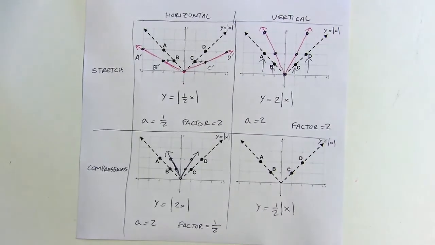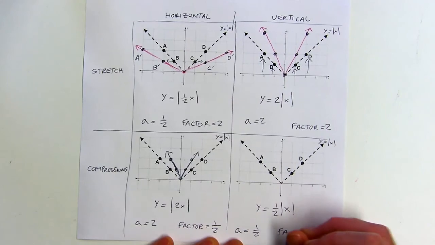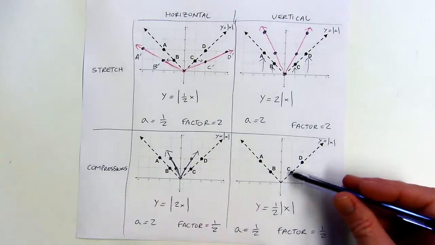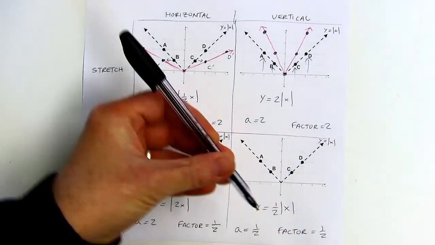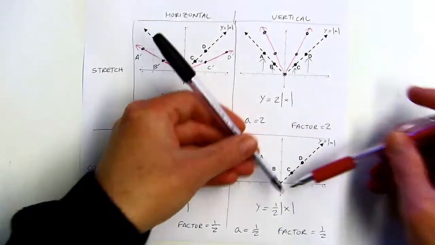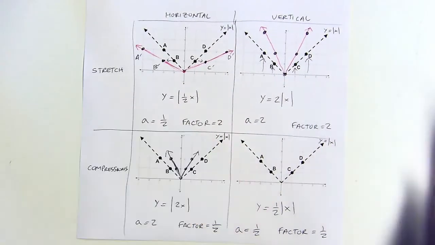All right, and then here my A value is 1/2, and the factor is also 1/2. And so these are moving vertically, but if I move this up, it's going to look narrower, right? Those points up like I did up here. I'm actually going to move them down, which is going to kind of squish my V. It's going to look wider then.